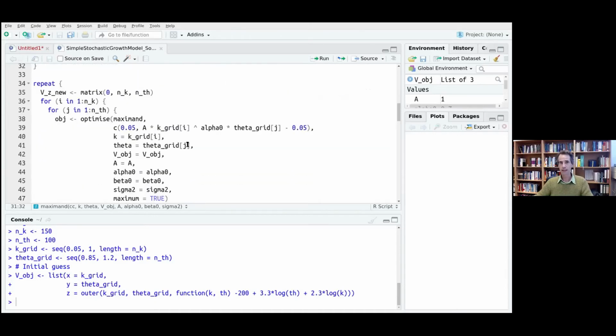And now we really have to do this optimization exercise for all grid points. So we need a double loop, one over capital stock and one over technology level. And for each pair of this double loop, we solve the optimization problem. So we maximize over a certain interval of consumption values. The smallest consumption, I put at 0.05.